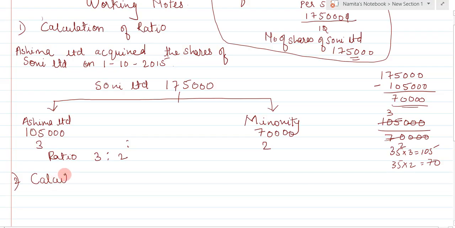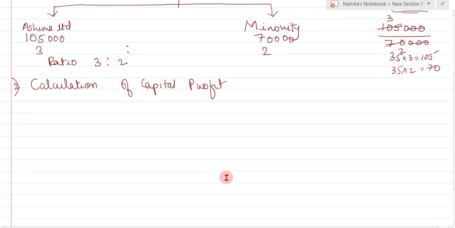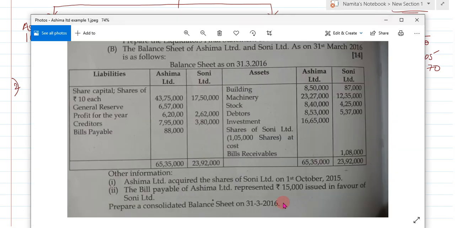Next calculation is the calculation of capital profit. Okay, now see the financial year of Anshima Limited and Sony Limited. Now the balance sheet is on what date? 31st March 2016.